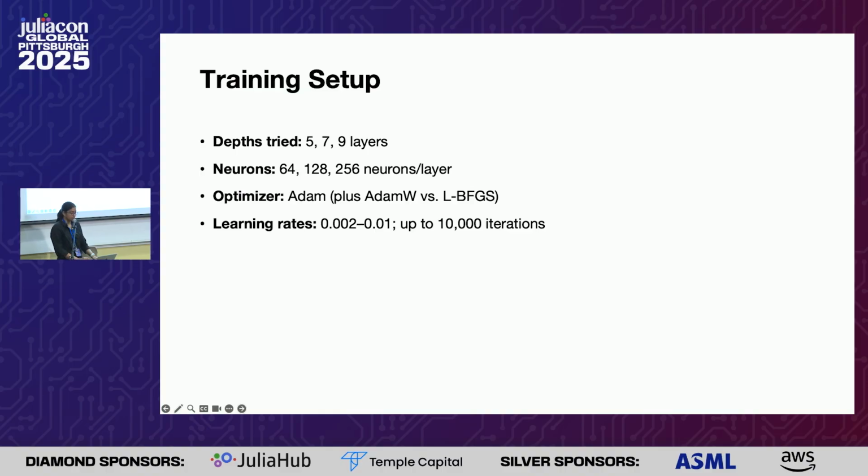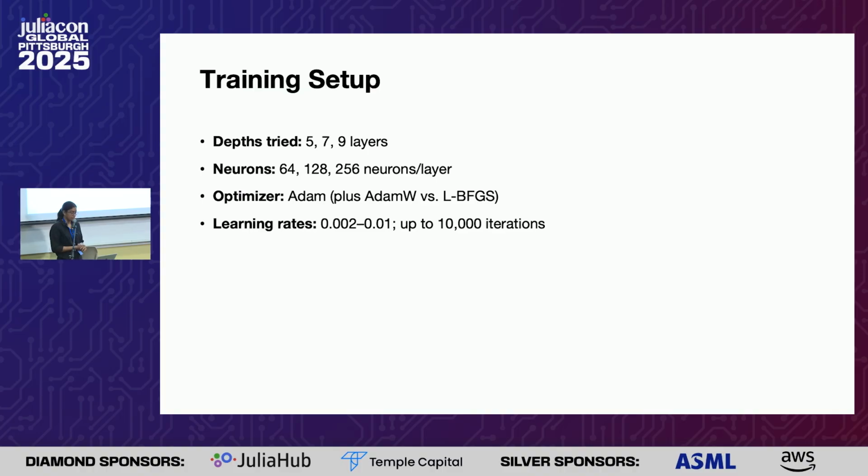For each depth, we tested 64, 128, and 256 neurons, and this range was chosen to test the network's expressive capacity. 64 was a common starting point, but we suspected that it would be too small, so we chose 128 as a middle ground. And we also experimented with 256 to see if a much larger capacity would yield better results, or if it would be too difficult to train.